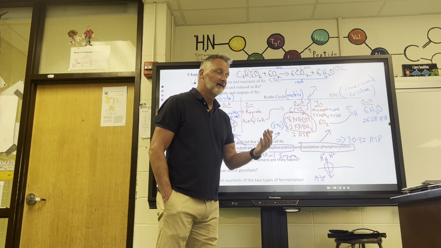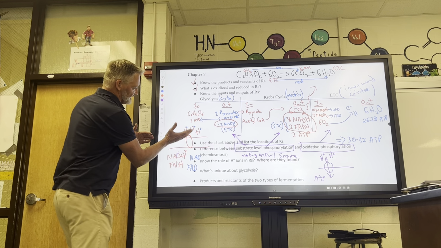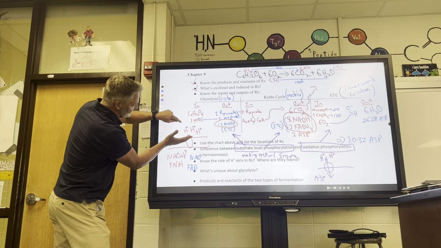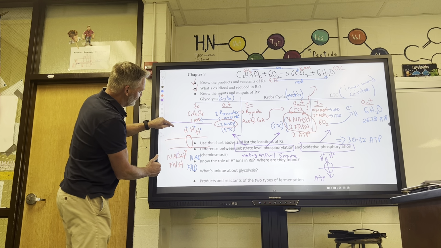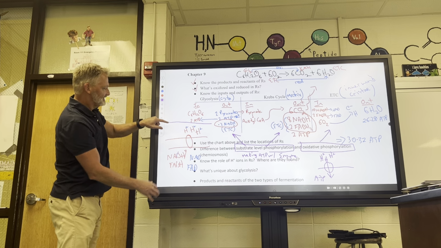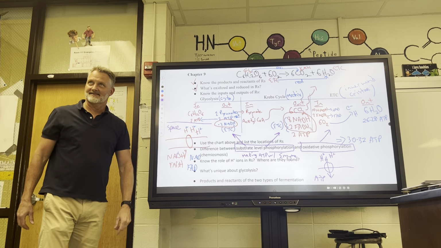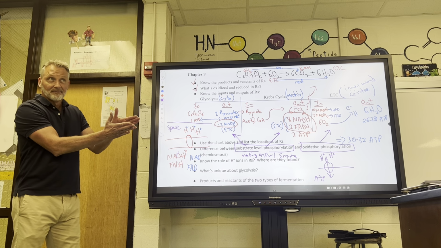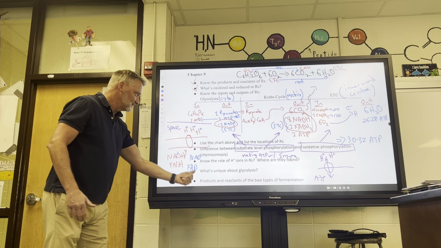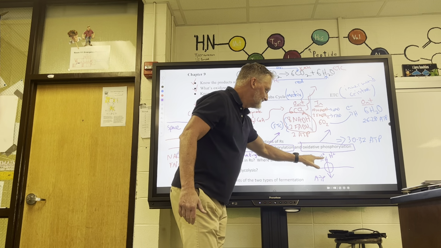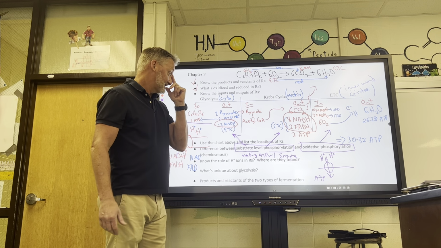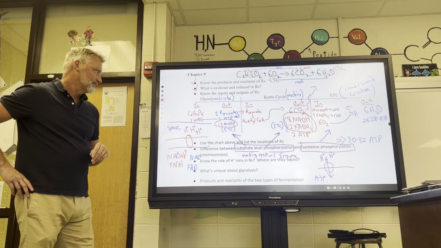Okay, where are they found? This is the inner membrane. This is the outer membrane. What's this? This is the intermembrane space, the space between the inner and outer, right? And they're going to diffuse through ATP synthase to make ATP.